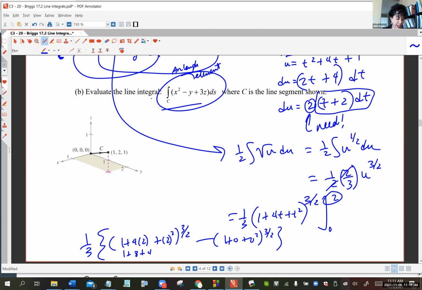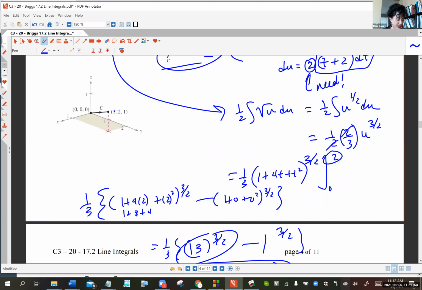So they want us to evaluate this line integral, x squared minus y plus 3z ds, where C is the line segment shown. Notice it's a line segment between 0, 0, 0 and 1, 2, 1. And folks, you know how to parameterize a straight line because the direction vector is just terminal minus initial.